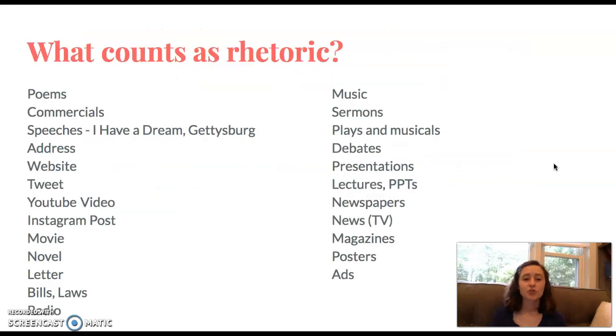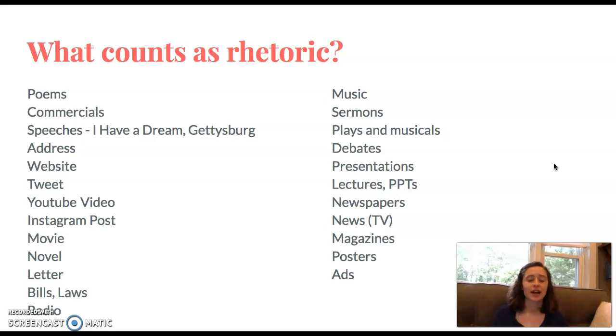All right, so rhetoric is a lot of different things. It can be something like a poem. You'll look at that for your practice analysis. It can be a speech. We all just got through the Democratic and Republican National Conventions. Those are all speeches where politicians are trying to convince you to believe something and support whatever candidate that they want you to support.